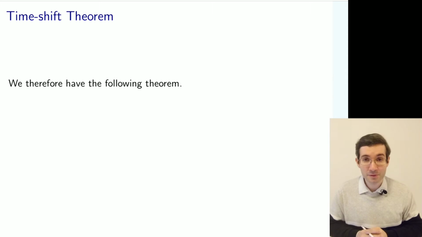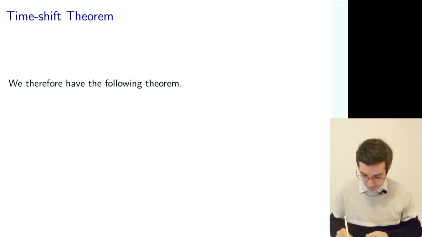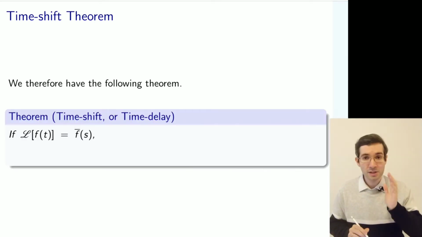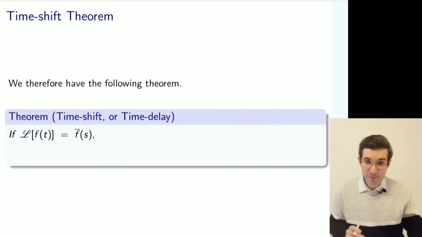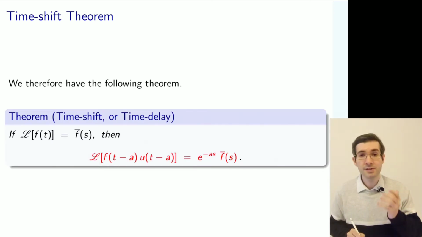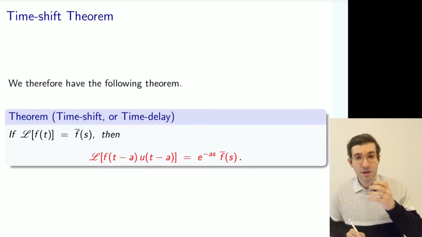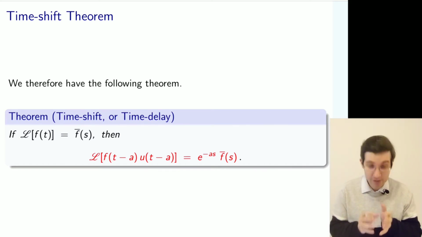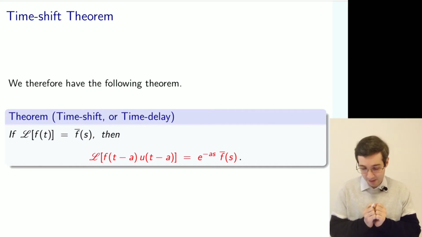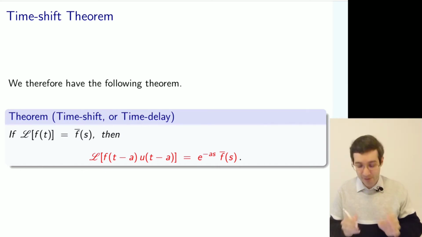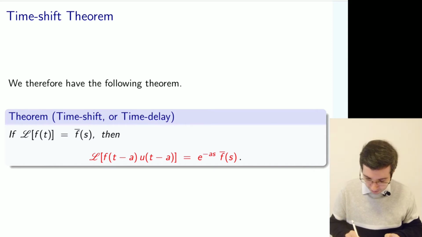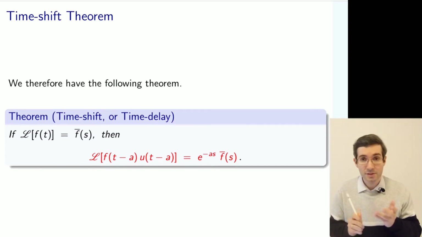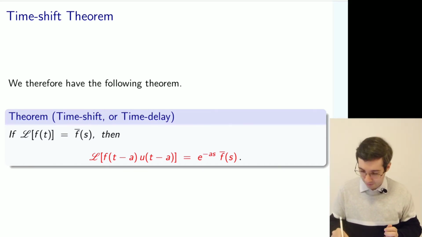And that brings us to our first theorem of this kind, which is called the time shift or time delay theorem. It tells us that if you know the Laplace transform of a function, you can immediately find the Laplace transform of a time-shifted, causal version of that function by just multiplying your Laplace transform by the exponential to the appropriate power.